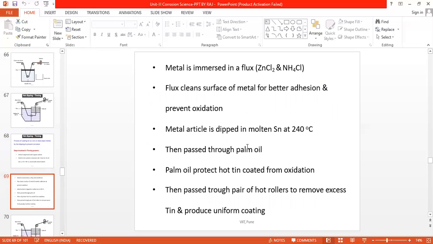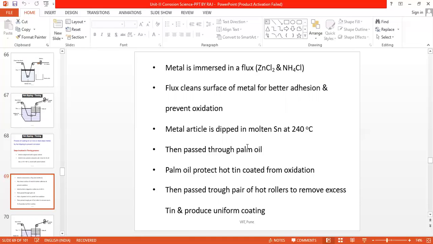After the surface treatment is done, the next step is the metal is immersed in a flux with ZnCl2 and NH4Cl. Flux cleans the surface of the metal for better adhesion and prevents oxidation. The metal article is dipped in molten tin at 240 degrees Celsius, which is above the melting point of tin, then passed through the palm oil.